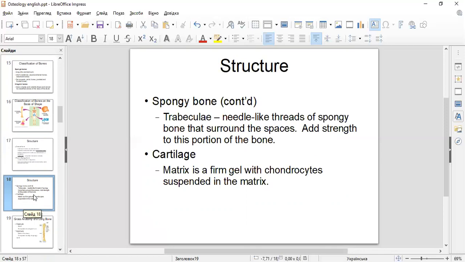Sponge bone consists of trabeculae, needle-like threads of sponge bone that surround the spaces.